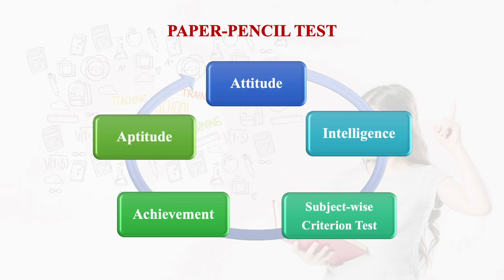Then further, so far as the paper pencil test is concerned, these are certain tests that can be done by using paper and pencil: attitude, intelligence, subject-wise criterion test, then achievement and aptitude. Now try to understand the specific use of the paper pencil test and the oral test. Before differentiating these two, let me discuss the concept of an oral test.